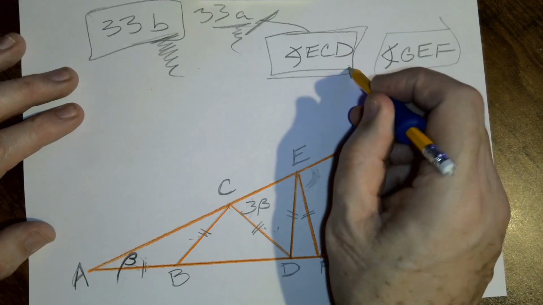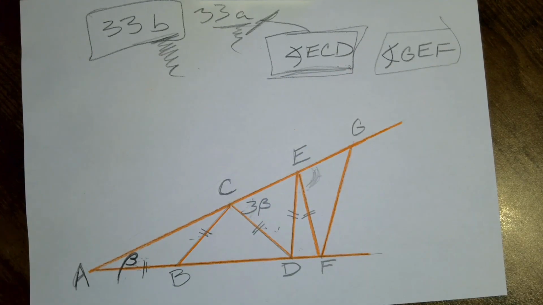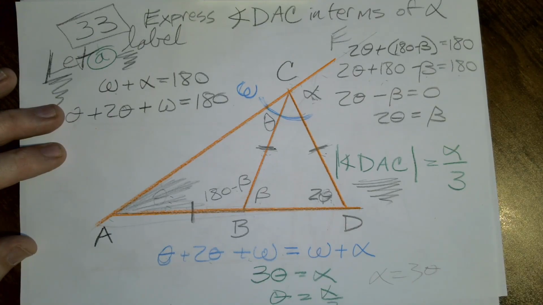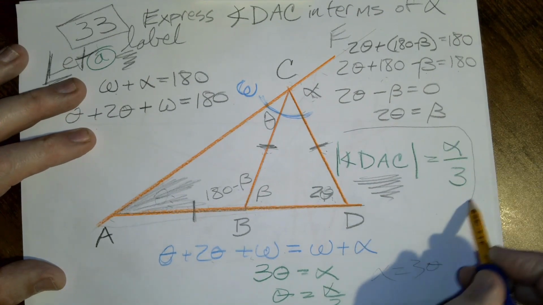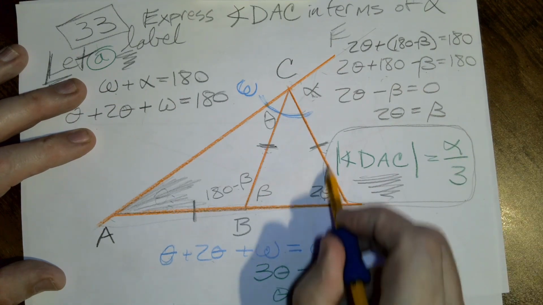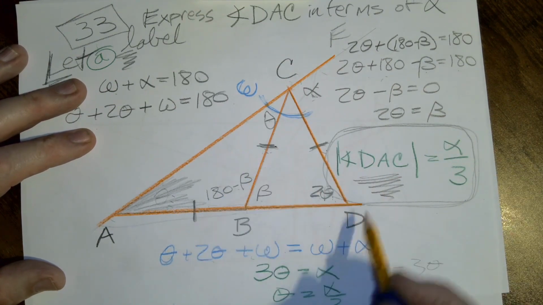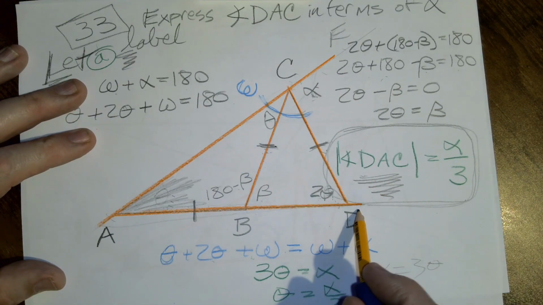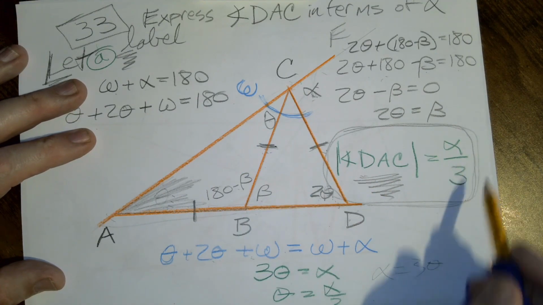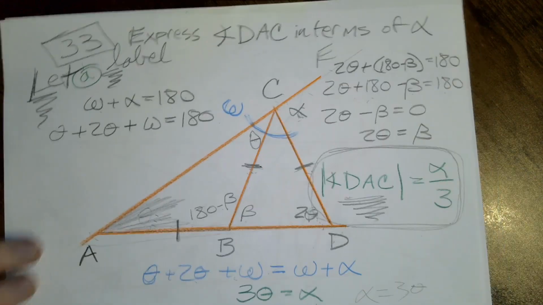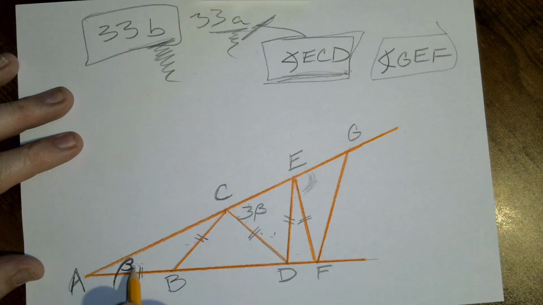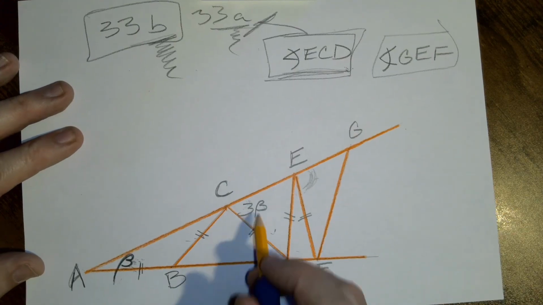You can come to this conclusion that fast because of 33A. Do you think these are similar somehow? Angle DAC, in terms of alpha, is 1/3 alpha, alpha over 3. Here they want this angle in terms of this angle here. This is 3 beta.